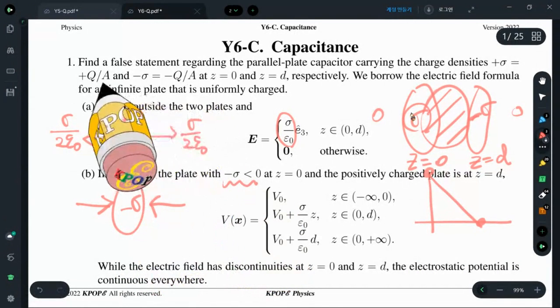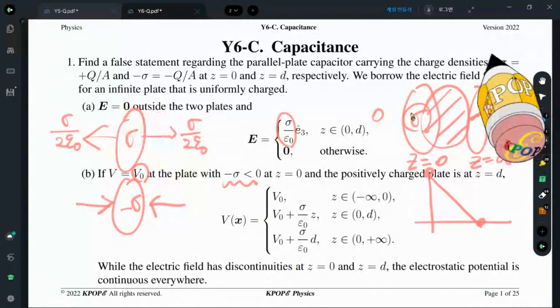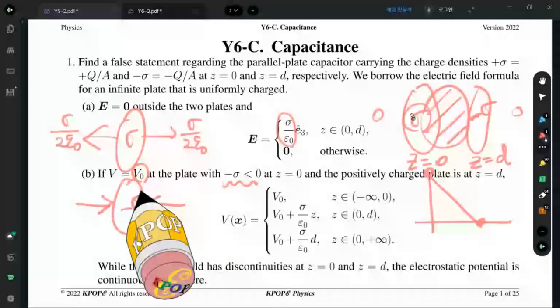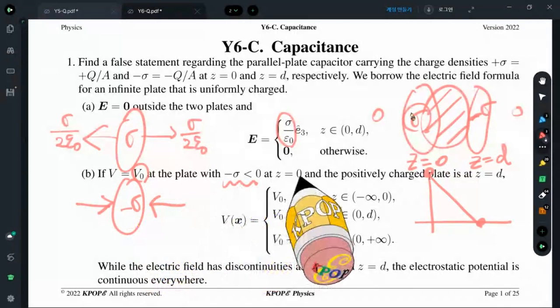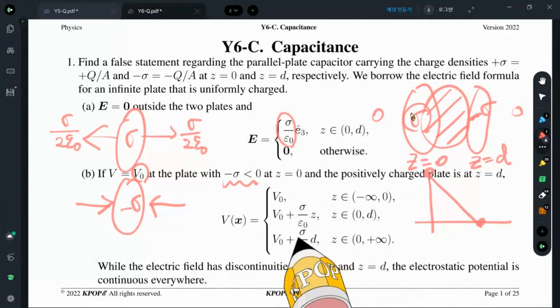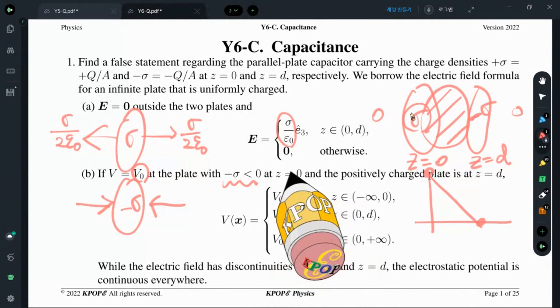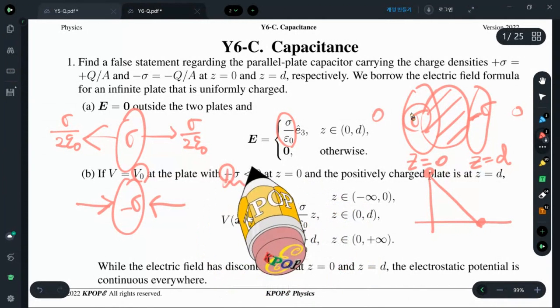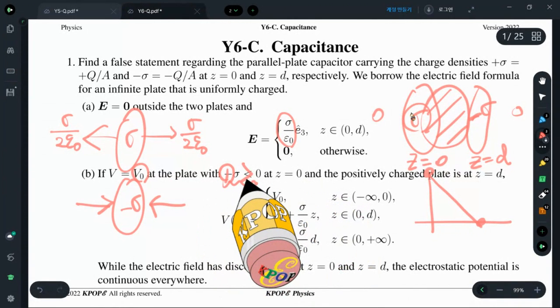This should be positive, at Z equals D. No, Z equals 0, it should be replaced with a plus and positive. Sorry about that. I have to write it down.